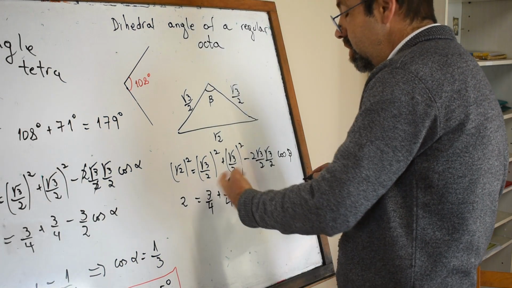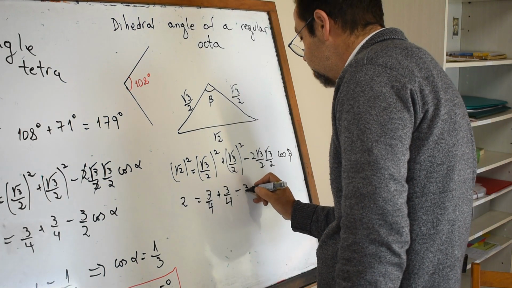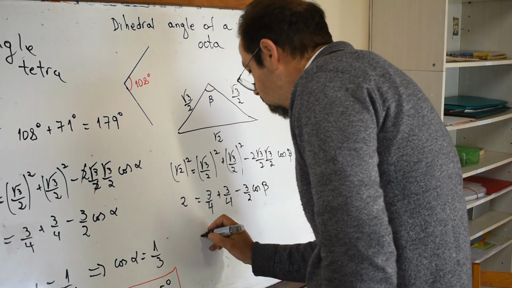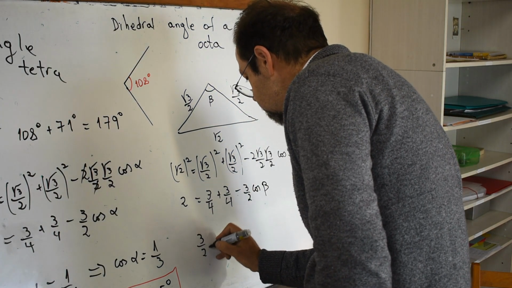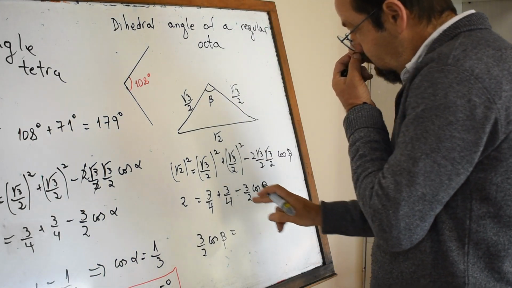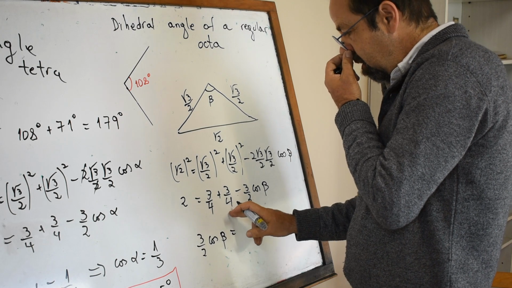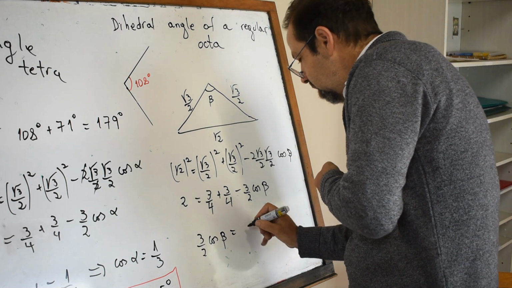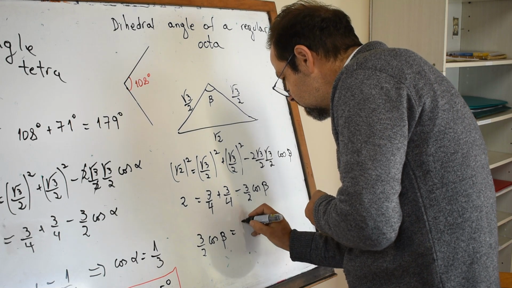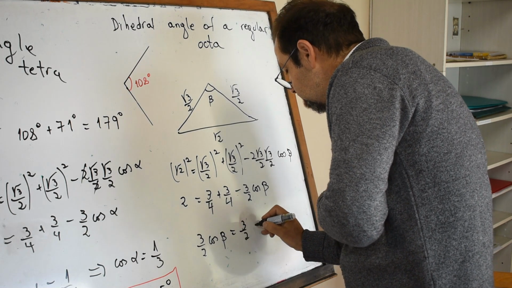And here's the same operation, so it's 3/2 cosine of beta. So 3/2 of cosine beta is going to be 3/2 minus 2.